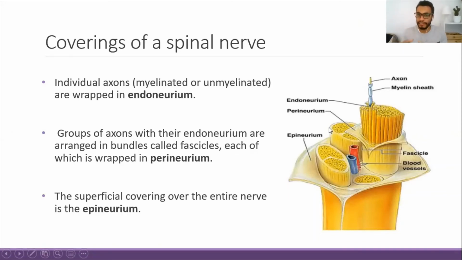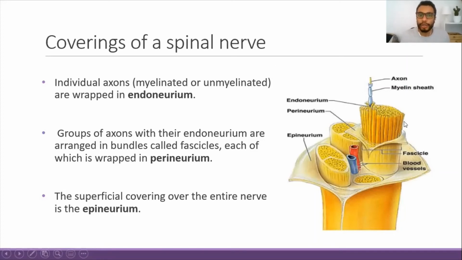A spinal nerve overall is a bunch of many axons, both myelinated and unmyelinated. They are wrapped in a layer which is called endoneurium. So one axon is covered by endoneurium that you see here.